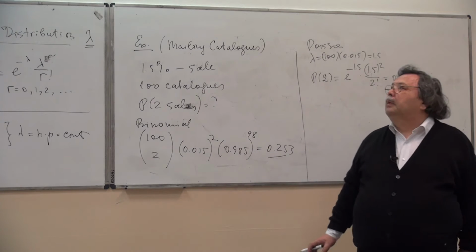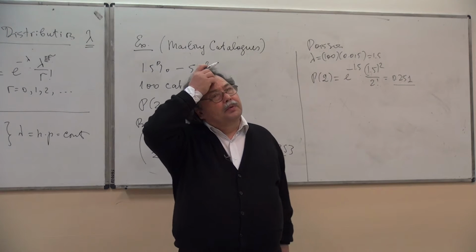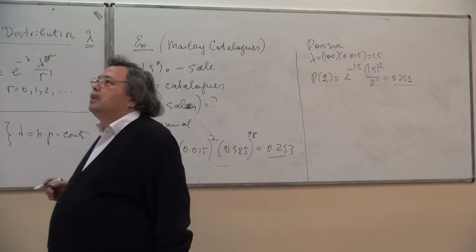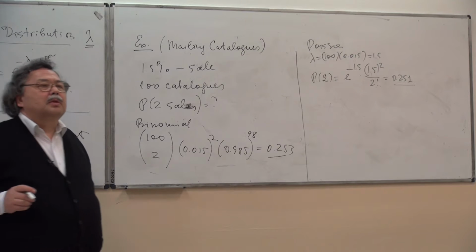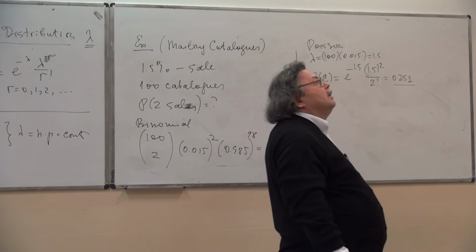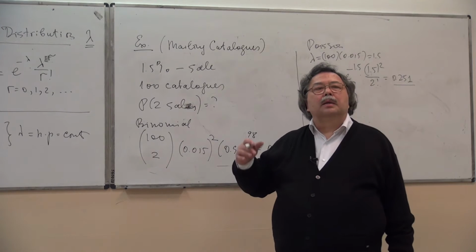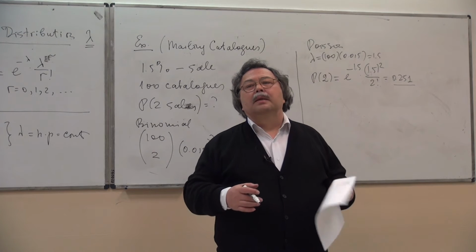Actually, Poisson distribution was first described sometime early in the 19th century, and for about a century it was used in exactly this way as an approximation to the binomial. But later, rather late in the 19th century, it was noticed that actually the application of Poisson distribution is wider than that.